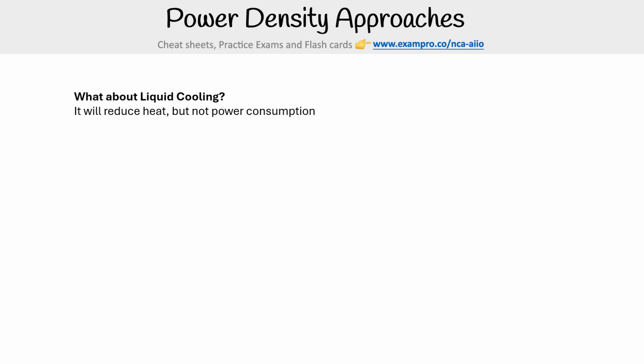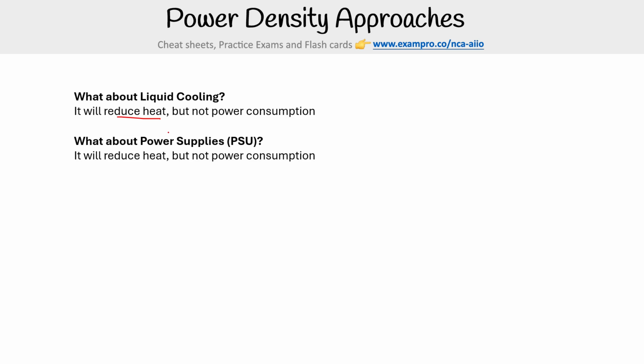So that is something that is very clear to make a note of. What would be an example of that? A closed loop system where it's cooling directly to the GPU, right? But does not reduce your power consumption. The reason I keep repeating that is that you might get a trick question where you think that liquid cooling is going to reduce your power consumption, and it just doesn't.